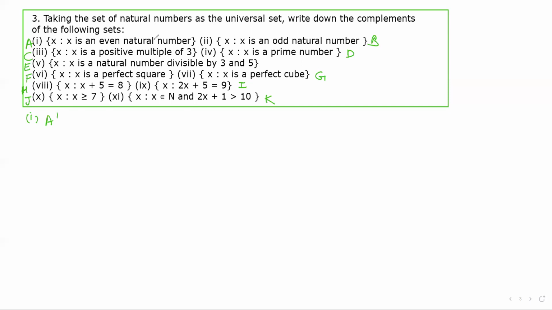X is an even natural number. Now we know that natural numbers can be either even or odd. So if you remove all the even natural numbers, you'll be left with odd natural numbers. Similarly, your B is a set of odd natural numbers. So your B dash will be a set of all even natural numbers.